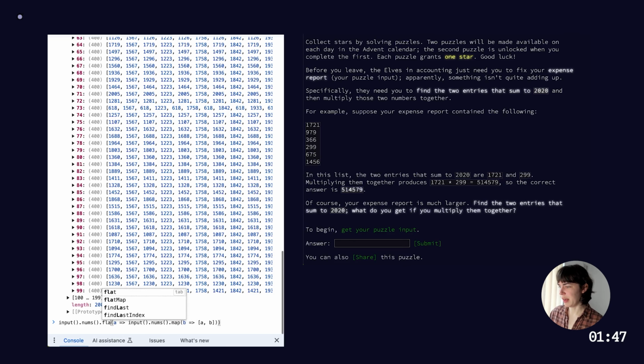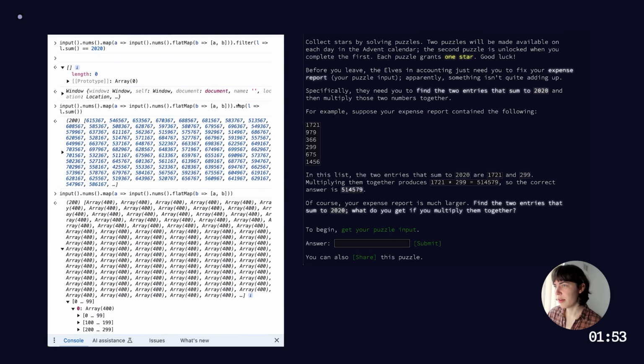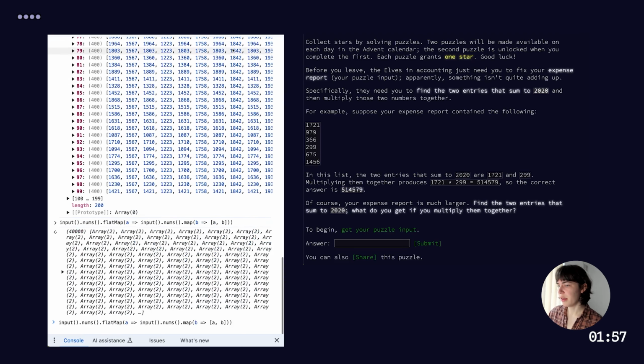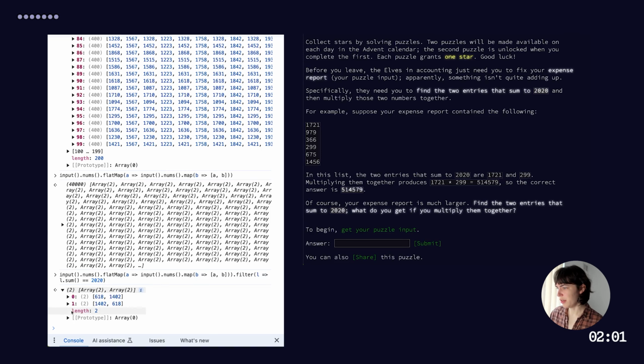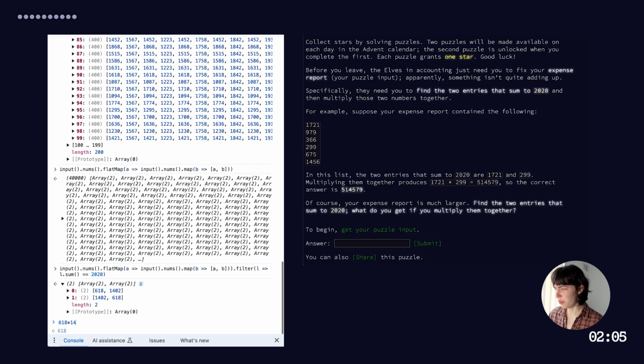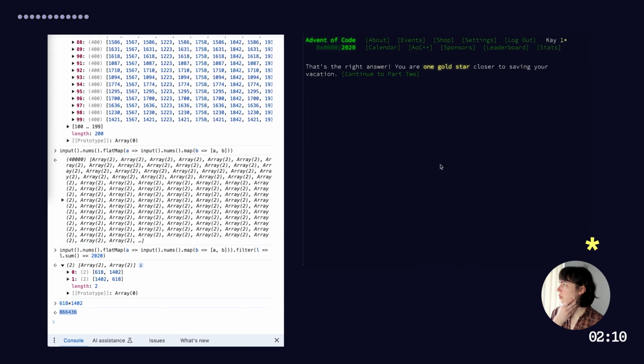Yeah, this is the flat map, right? Yes. And then we want to take this approach still. Okay, and then we've got these two, which are the same, 618 times 1402. That's part one.